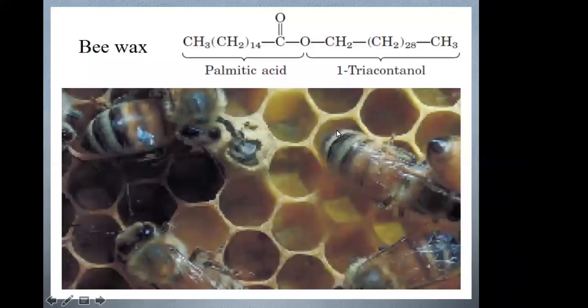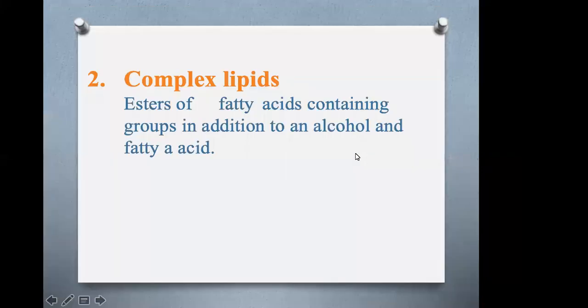Next, this is an example of wax, which is a simple lipid. Wax is composed of fatty acid and triacontanol. Now, complex lipid: ester of fatty acid containing a group in addition to alcohol and fatty acid.